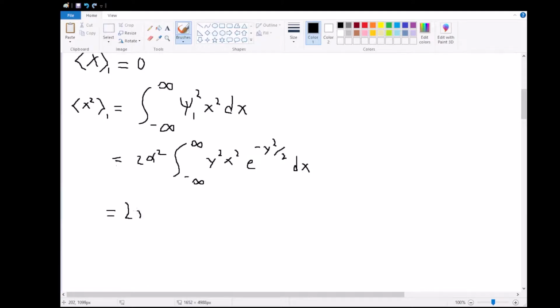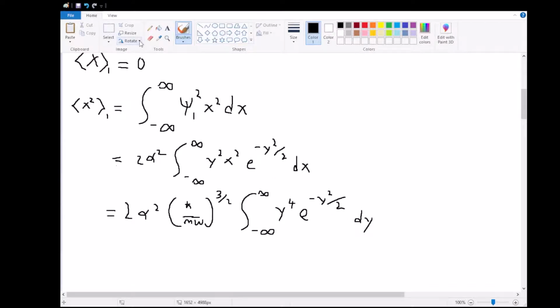We have 2 alpha squared times h bar over m omega to the power of 3/2 times the integral from negative infinity to positive infinity of y, this time to the 4th, times e to the negative y squared over 2 times dx, or dy this time. And my apologies, this is not y squared over 2, this is actually y squared, because y squared over 2 squared is just y squared.